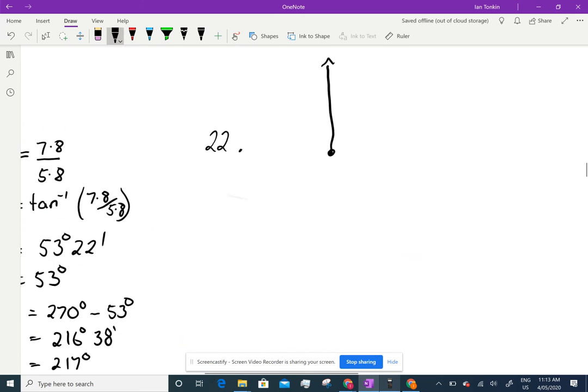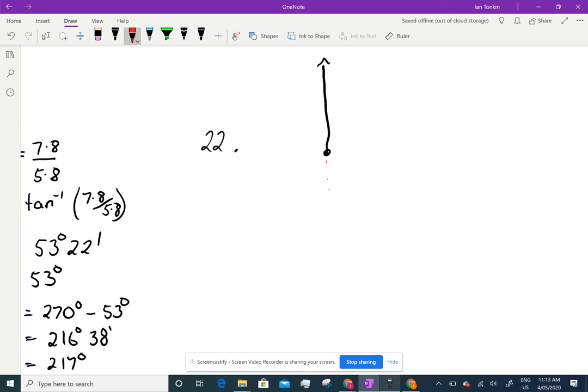Well, I know that straight down is 180. So 195 is going to be about down here. So here's my plane. This is where it's flown to. And it went 2,000 kilometres. Now, what do I have to find? So that's my north.